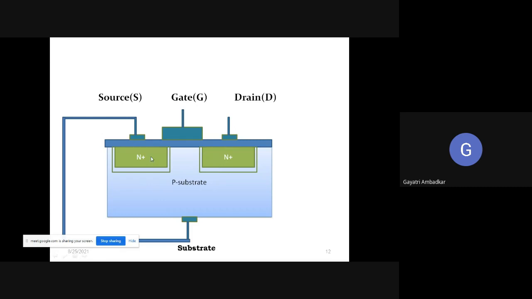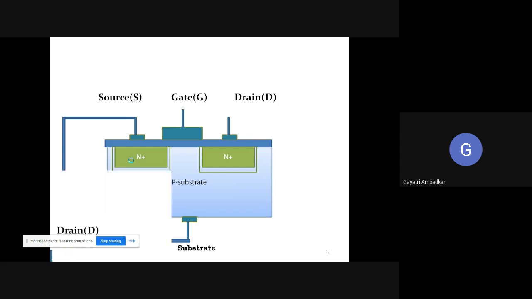Above the region between source and drain, we deposit metal just above the SiO2 layer, and this metallic contact is called the gate terminal. There are source, gate, drain, and substrate terminals. In general, source is connected with the substrate, and a depletion layer is established at the two PN junctions.